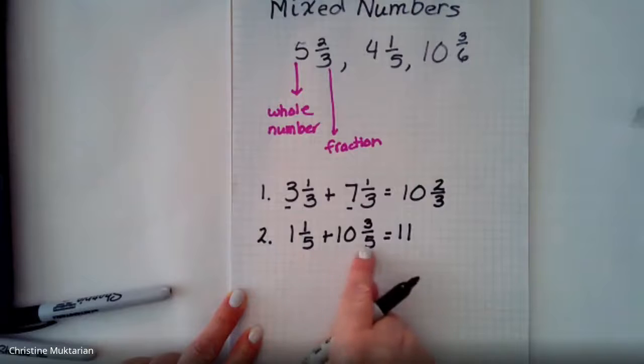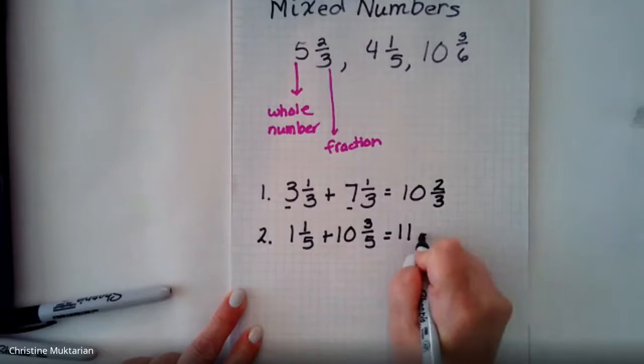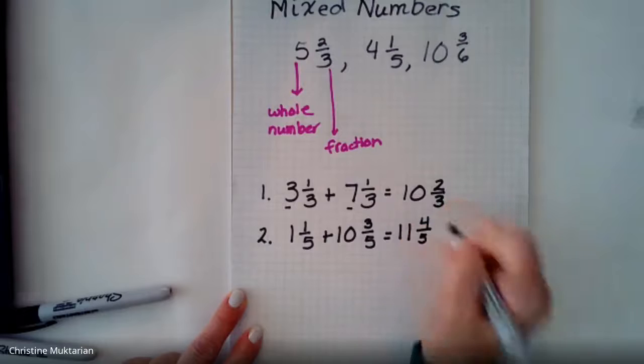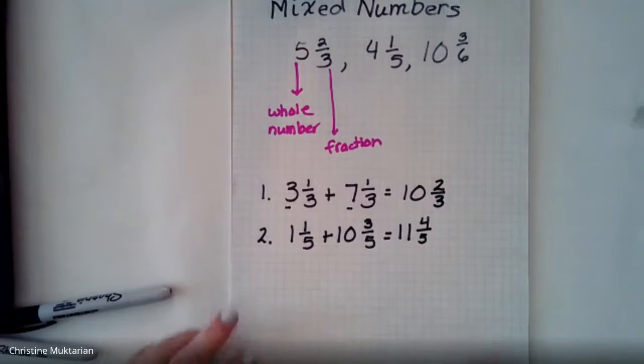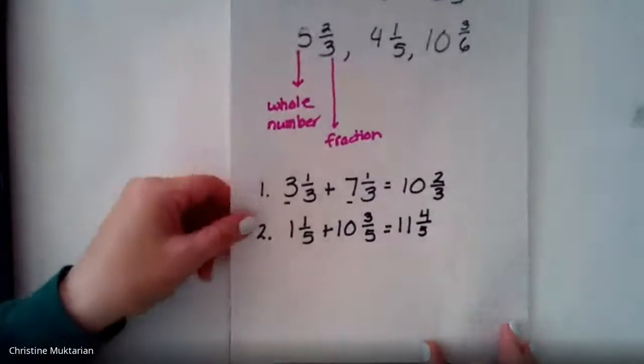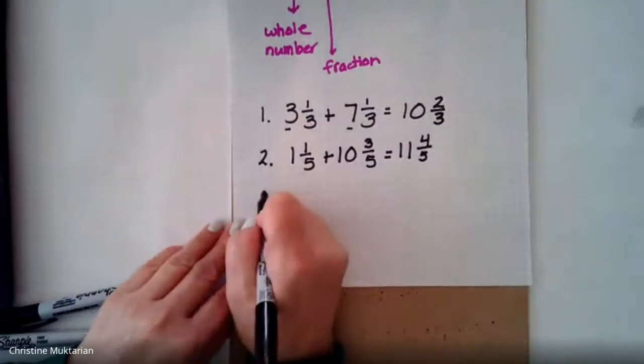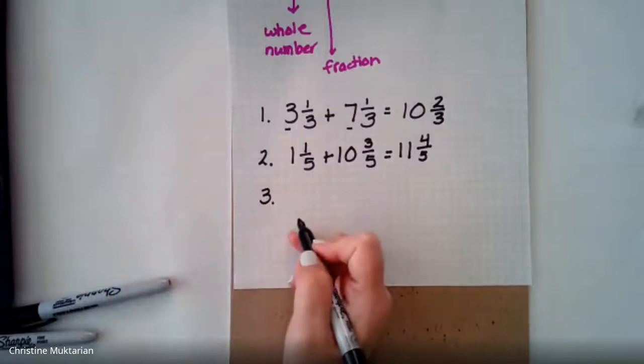The denominators are the same, so you're just going to copy it over, move it over, and then the last thing to do is to look at your numerators, 1 plus 3, and add them, and your answer is 11 4/5.